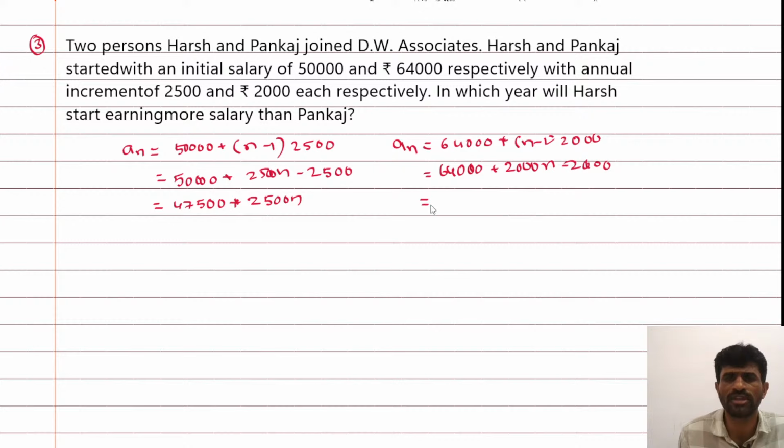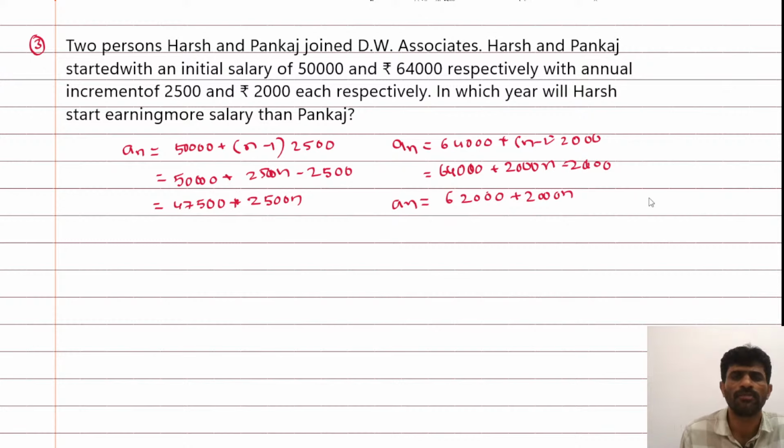So 64,000 minus 2,000 is 62,000 plus 2,000 n. So this is an in the second case.